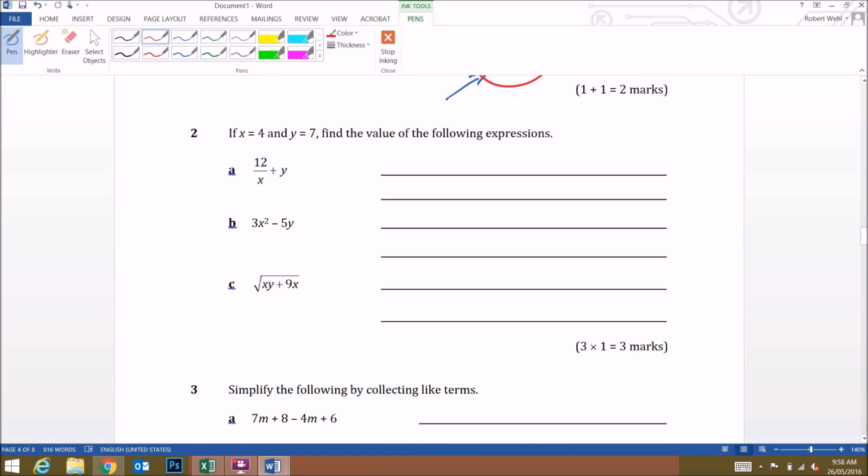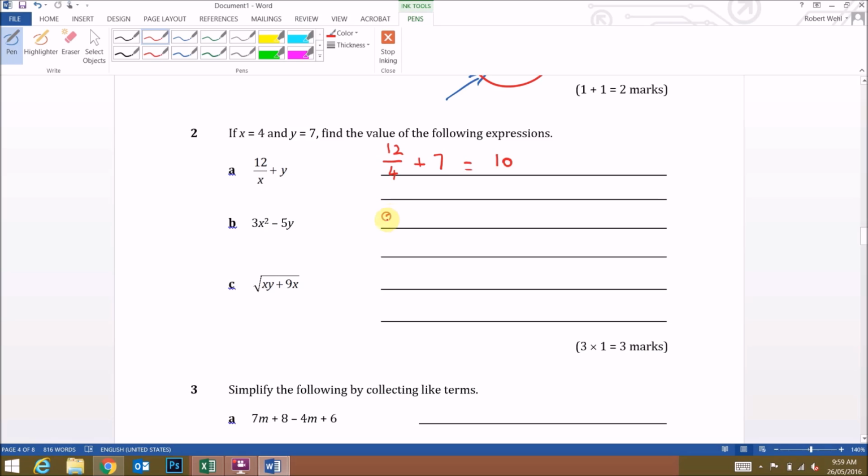Question 2, if x equals 4 and y equals 7, find the value of the following expressions. Here we can just rewrite it. So 12 divided by 4 plus 7. 4 goes into 12 3 times. So that means our answer there is 10.